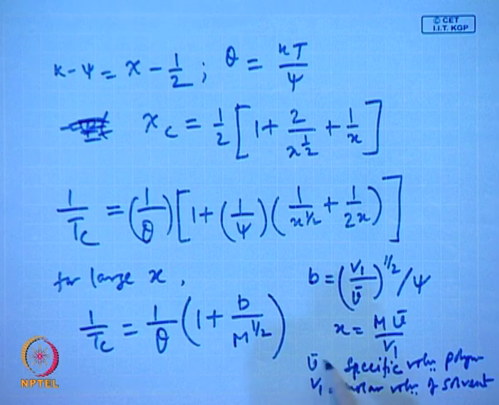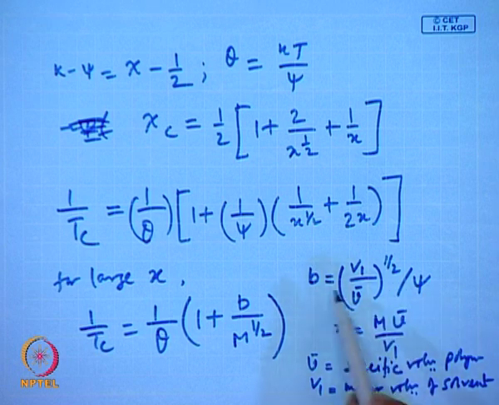So, if this V bar is specific volume of polymer and V1 is molar volume of solvent, then we can write the number of segments like this, and we define the term B as this.